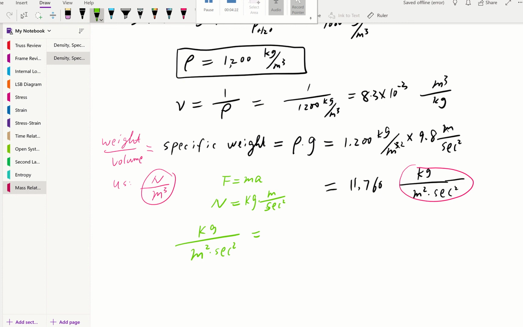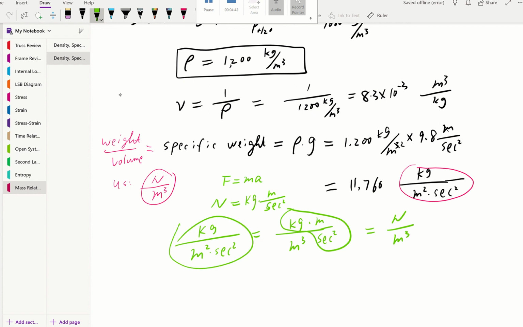So it's actually easier for me without canceling it, so I'm going to go back to its original: kilogram per meter cube, then meter per second square. Now let's look at it. Kilogram meter per second square, that's our Newton. So it's Newton per meter cube. You just proved it. This unit is the same as Newton per meter cube.